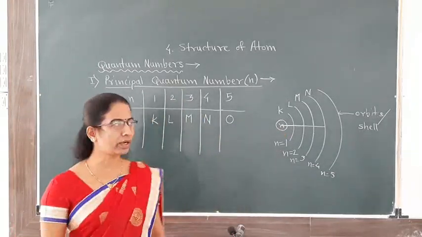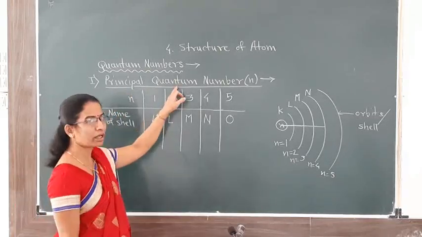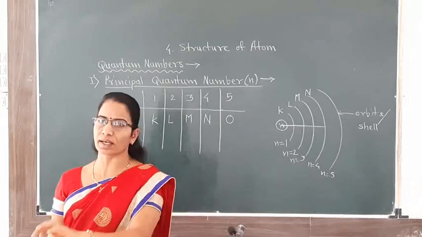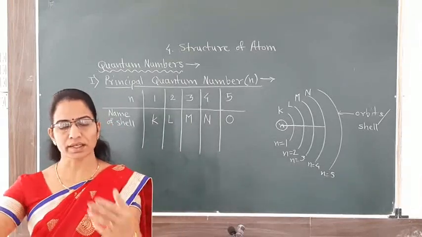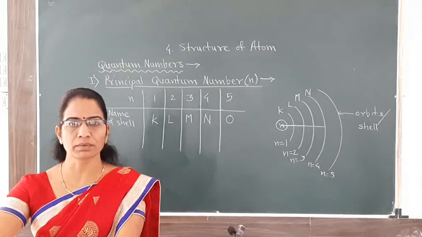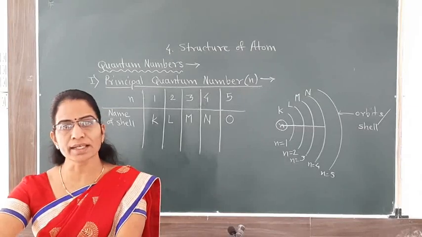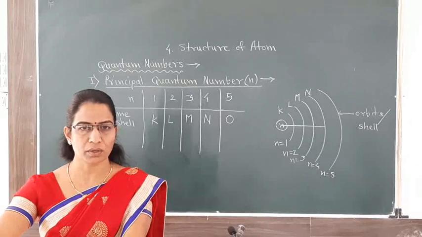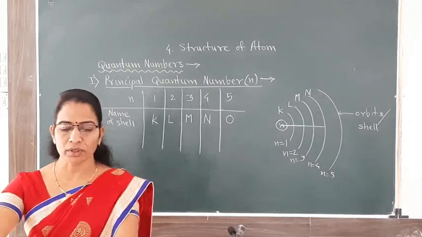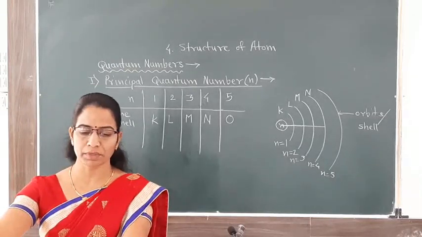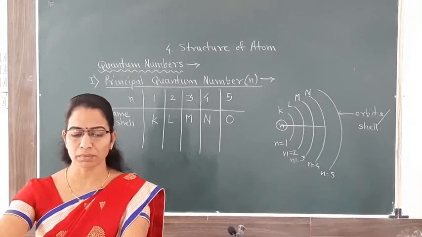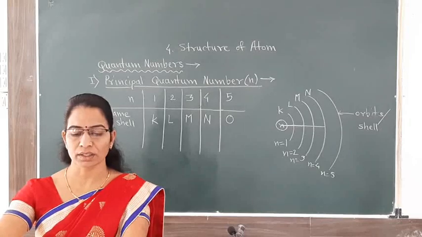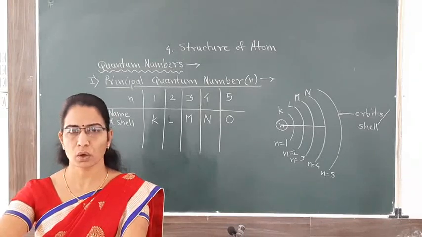The first point is that this quantum number gives us the idea about the main shell in which the electron is revolving. The second point is that this quantum number gives us the size of the shell or orbit in which the electron is revolving. The third important point regarding this quantum number is that it gives us the idea about the energy of that shell or orbit.